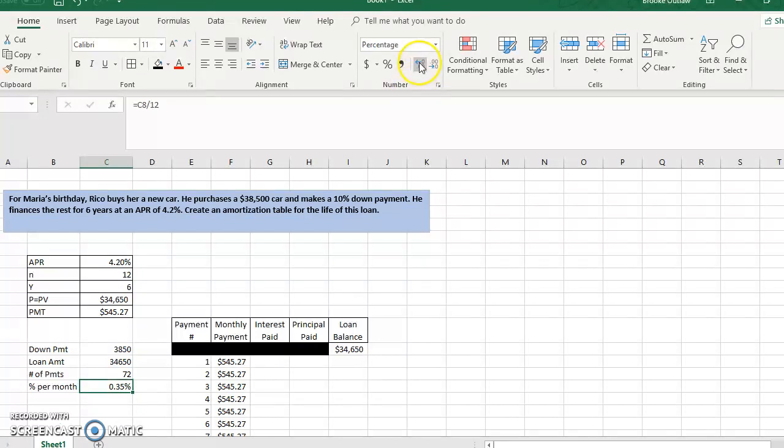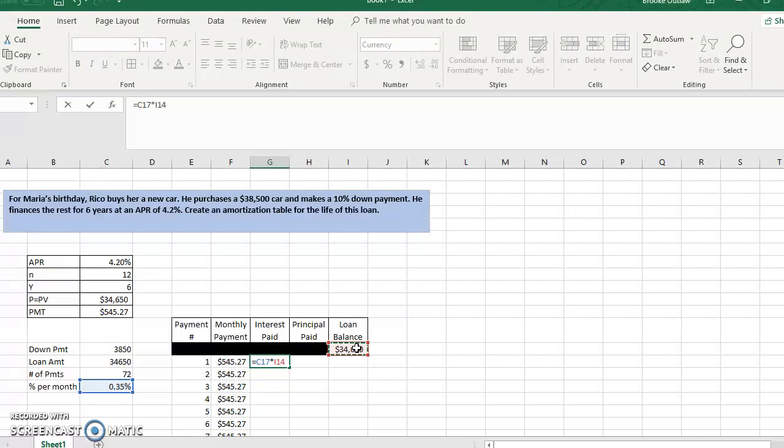Now that's just rounded. Sometimes it ends up being something other than 0. In this case, it happened to be perfectly 0.35%. But that's the percent he has to pay. So in the first month, he's got to pay 0.35% of his current loan balance.